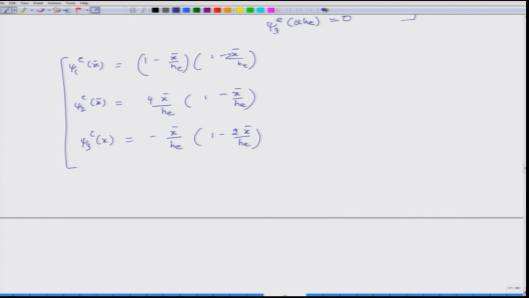There is a 2 here when alpha is equal to half, if the midpoint is located in the center.